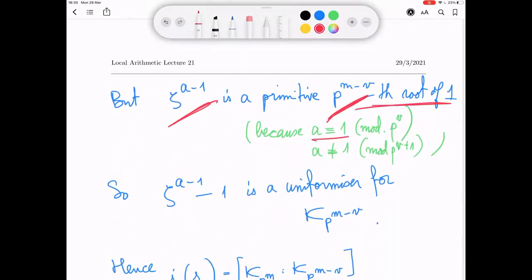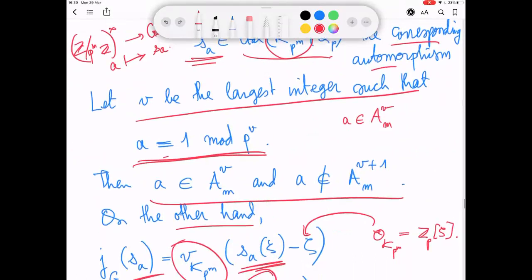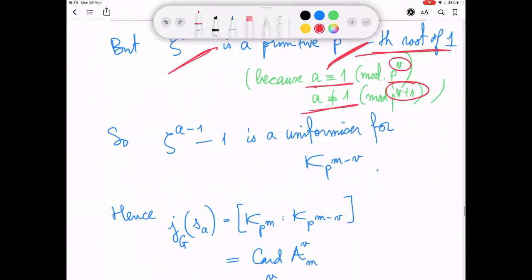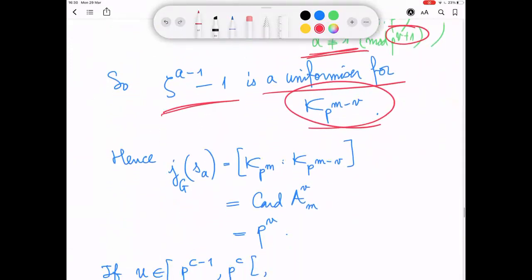Why? Because a is congruent to 1 modulo p^v, but not congruent to 1 modulo p^(v+1). That's how this v has been defined. So v has been defined as the largest integer which has this property, right? So it's not congruent to 1 modulo p^(v+1). So this thing is a uniformizer of this sub-extension.